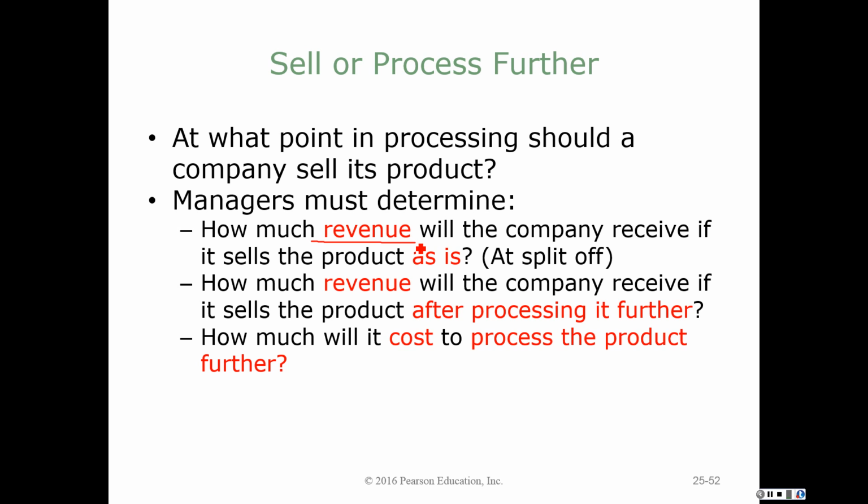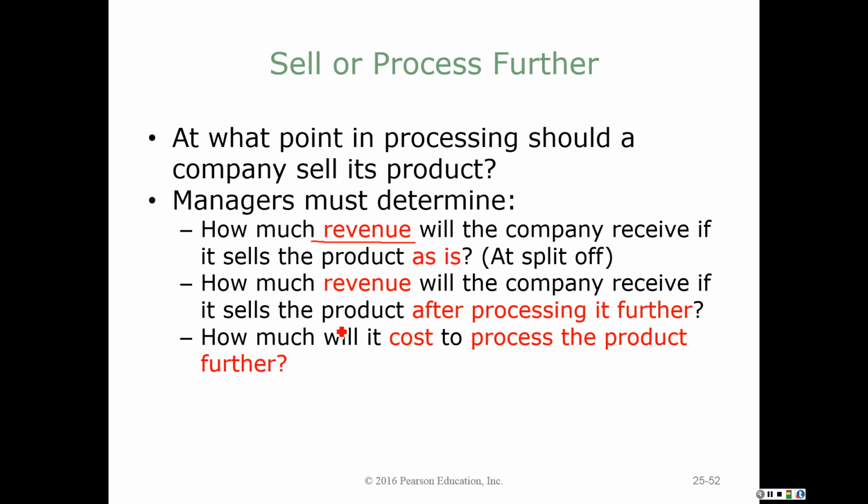Remember, all of the costs that have gone into the tablet are going into the tablet, whether we sell it as a standard tablet, a premium tablet, or a standard with USB or premium with USB. But what we want to know is how much revenue I am going to generate from my product just selling it as it is without a USB port. This takes into consideration the revenue that I would generate up to the split off.